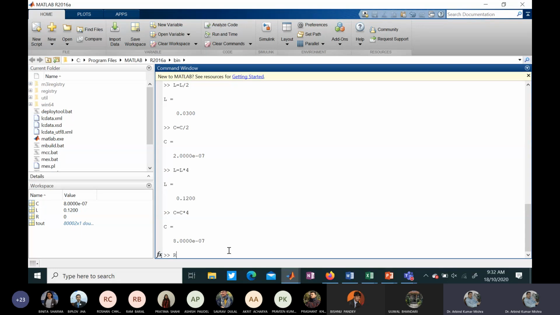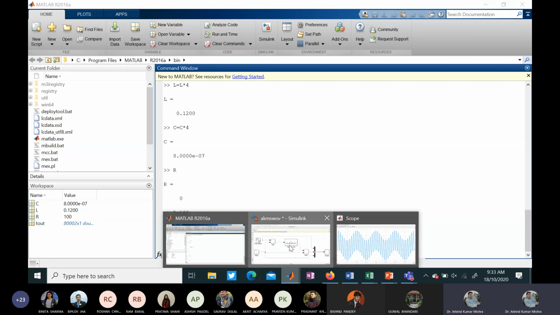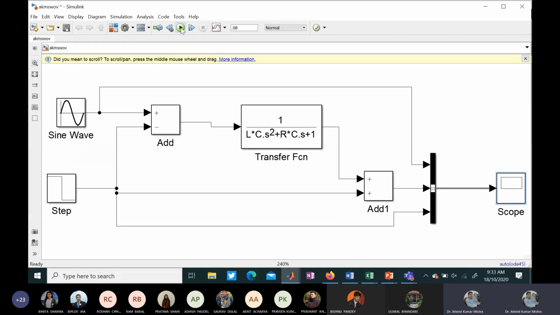And so now what we do is make R equal to whatever it was. What is R previously? Just check on the R. Okay, it's 0. So I put R equal to, say, 100 ohm. R is equal to 100 ohm, and now I am simulating it.